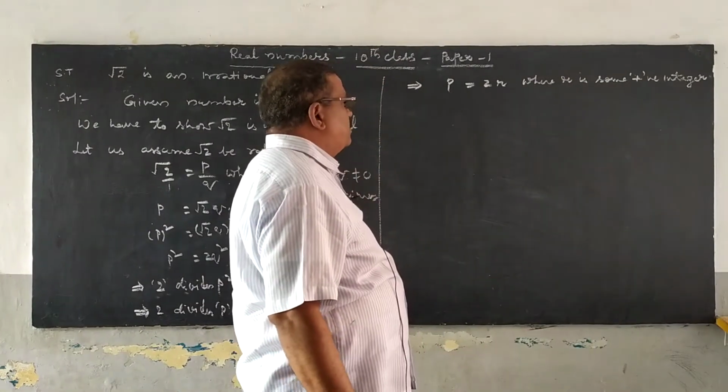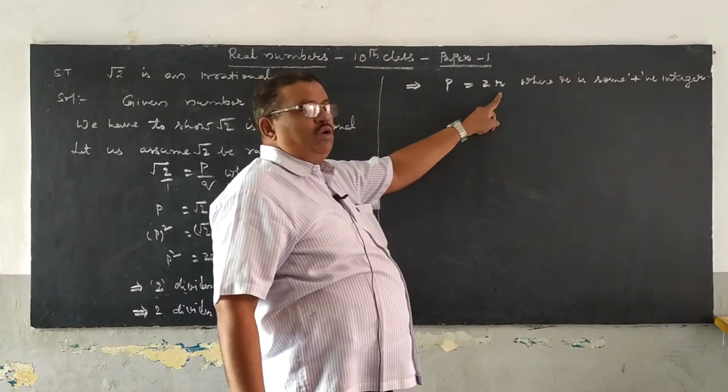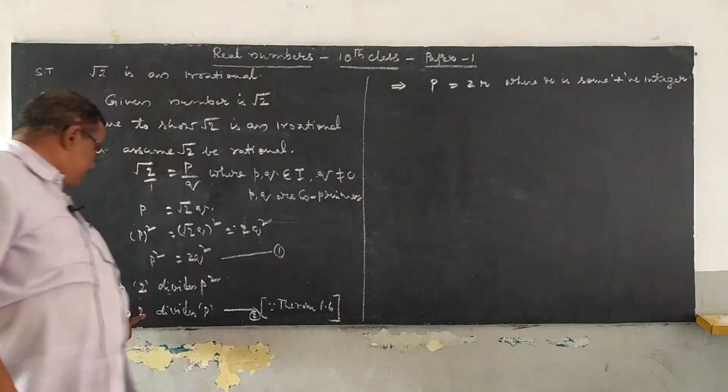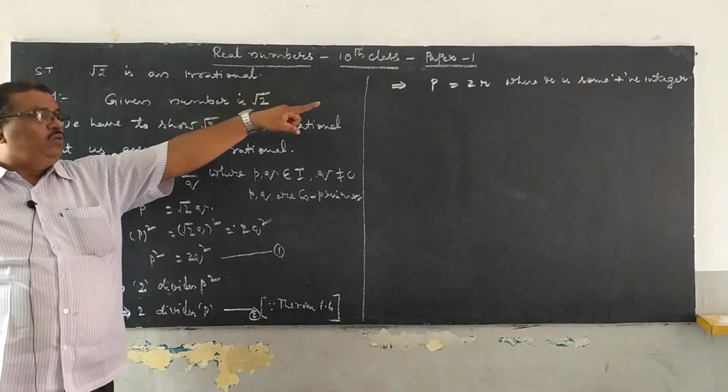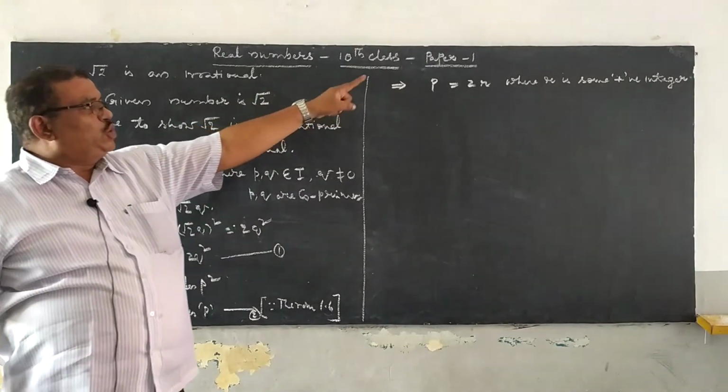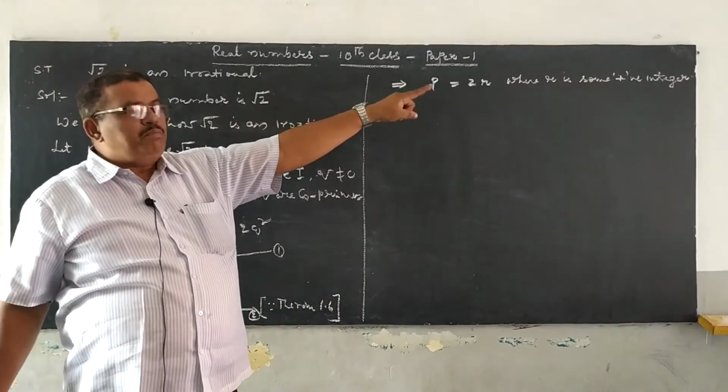Listen once again: when 2 divides P, P is a multiple of 2, so P is taken as 2 into R, where R is some positive integer.